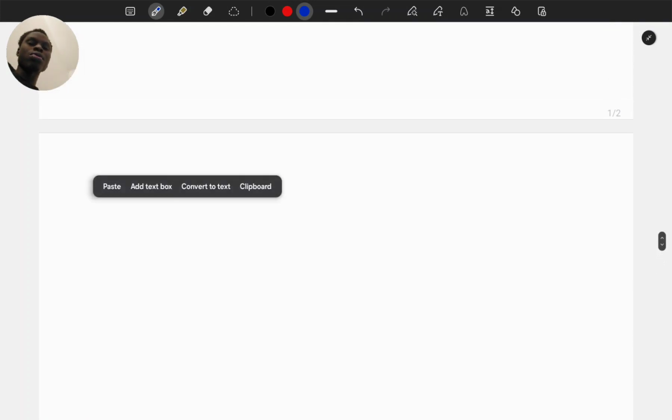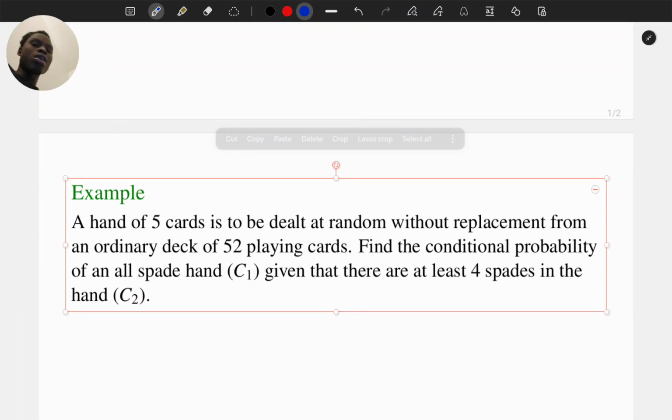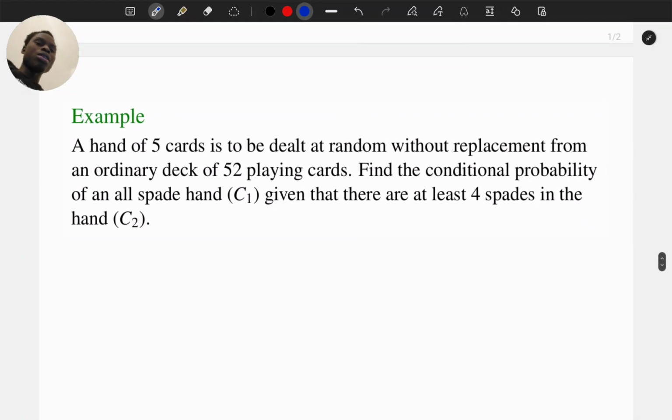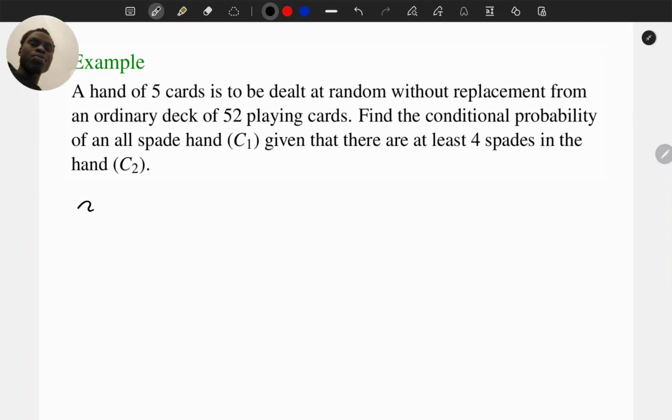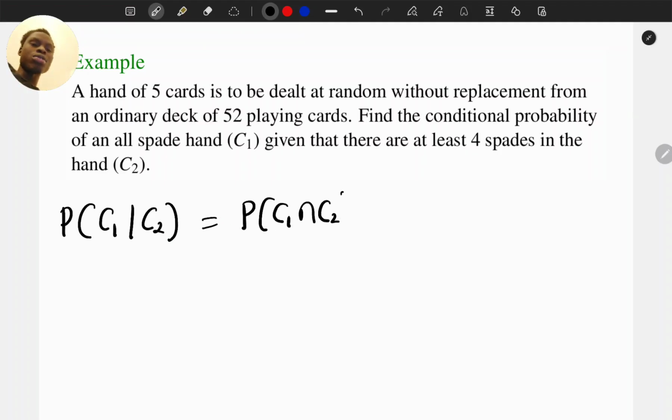Now look at this example. A hand of 5 cards is to be dealt at random without replacement from an ordinary deck of 52 playing cards. We have to find the conditional probability of an all-spade hand, given that there are at least 4 spades in the hand. So the probability of C1 given C2 equals the probability of C1 intersection C2 over the probability of C2.